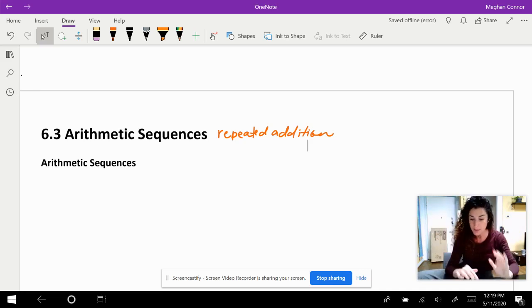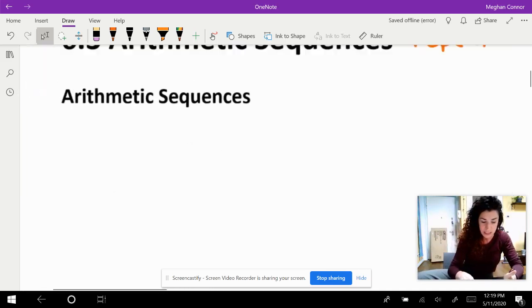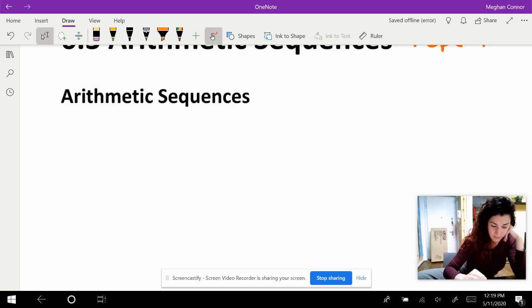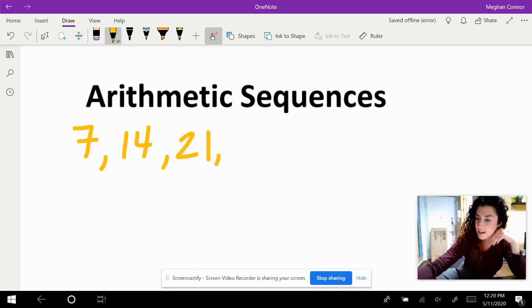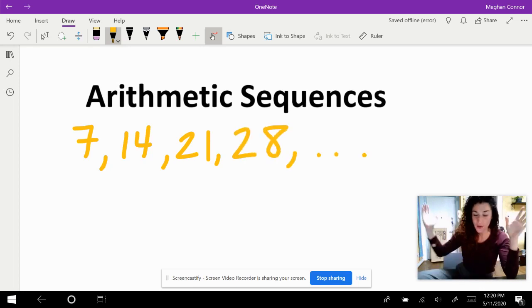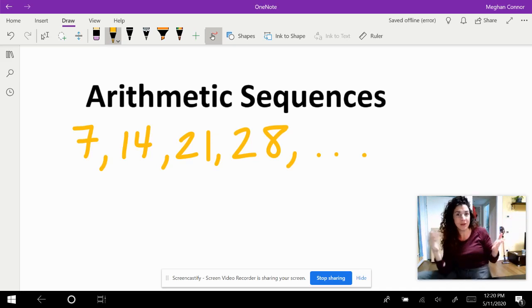So an example of an arithmetic sequence would be 7, 14, 21, 28. Sorry, it's my bell schedule, and that's somebody trying to get a hold of me. That would be an example of an arithmetic sequence.